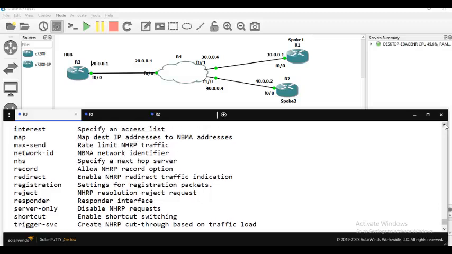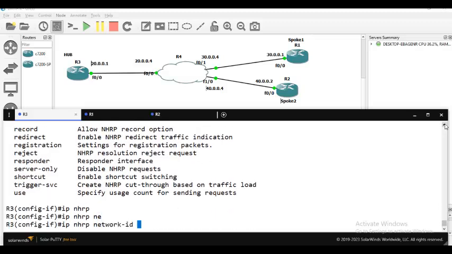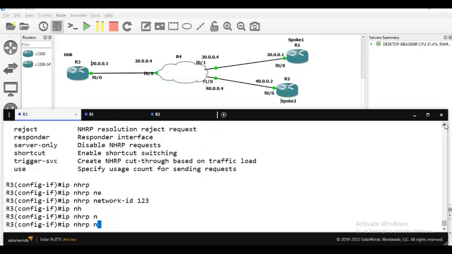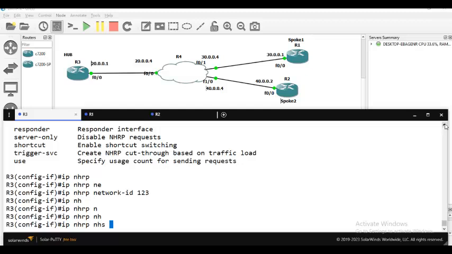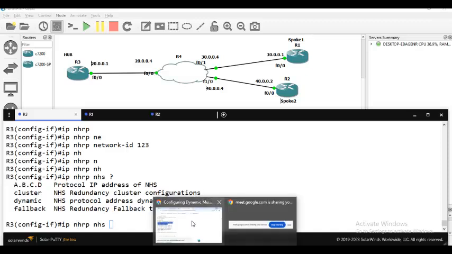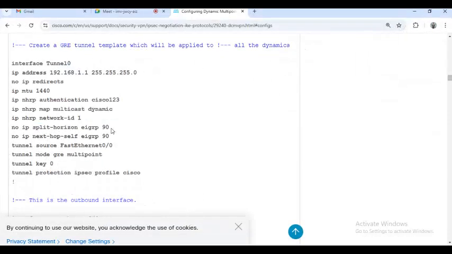IP NHRP NHS, next hop server, is dynamic. Or in this version of the operating system, do we have that command? The NHS command is not here in this version, but in the document you will find it. Here I'm going to say only the map command. Map all the multicast dynamically.